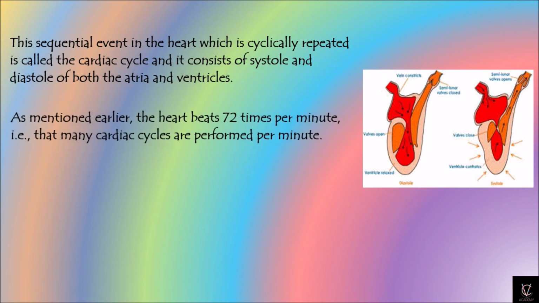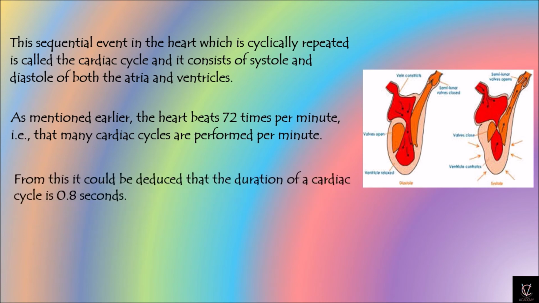And as I mentioned earlier, the heart beats 72 times per minute. That is, that many cardiac cycles are performed per minute. So we can calculate and deduce that the duration of a cardiac cycle is 0.8 seconds.